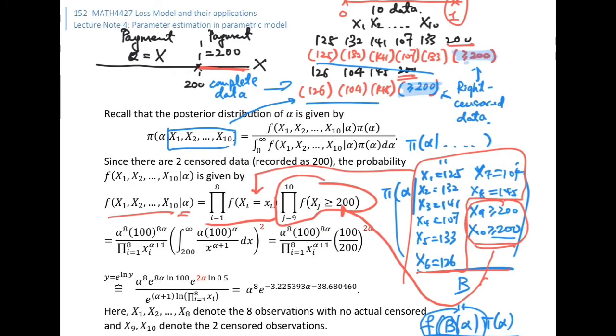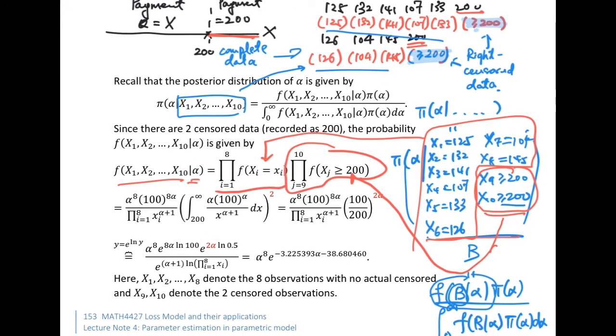For the last 2 censored data points, we are asking for the probability that S_j is greater than or equal to 200, so that means it will become an integral, and that will be to the power 2. Now you just evaluate this integral carefully.